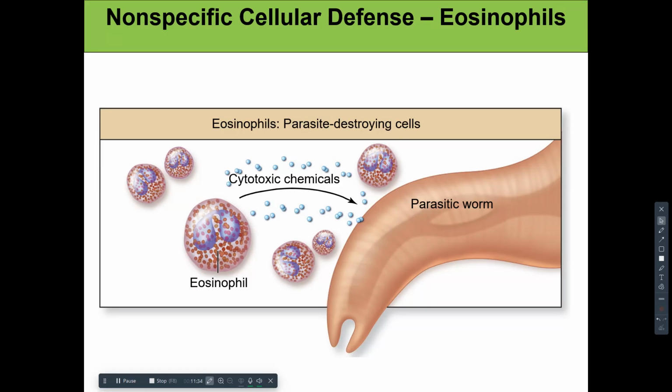Bear in mind, both the neutrophils and eosinophils are part of the innate or non-specific branch of the immune system. So they don't care about the identity. The neutrophil doesn't care what bacterium is invading. The eosinophil doesn't care what sort of worm has invaded. It is just going to try and kill them because they are foreign. And on the flip side, neither of these cells gets any better the next time we meet the same organism.